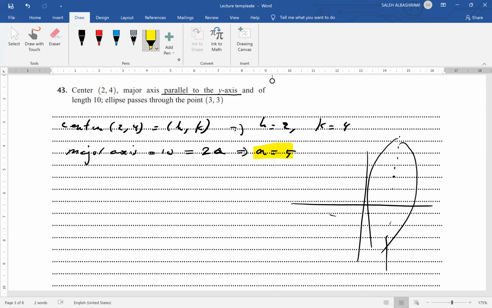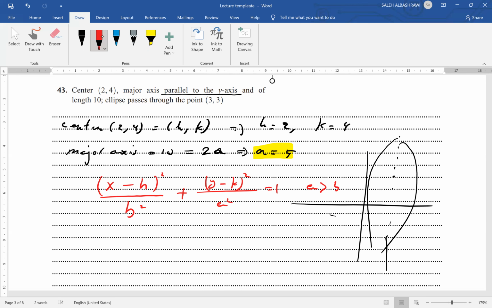Now I have a, and we need to find b. Now the standard equation for this ellipse is given by (x minus h) all to power 2 divided by b squared plus (y minus k) all squared over a squared equal to 1, and a must be greater than b.